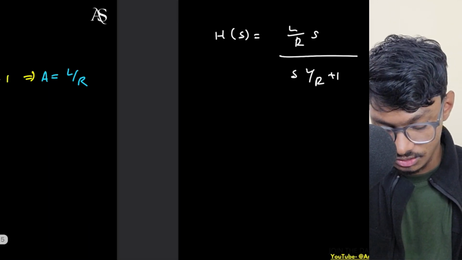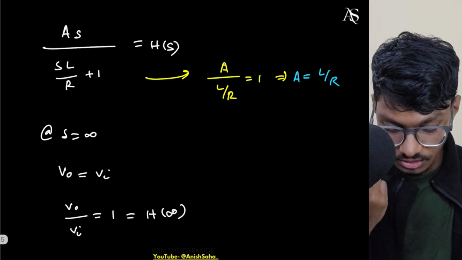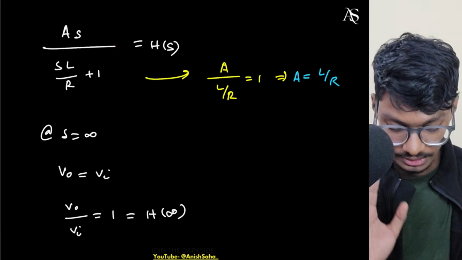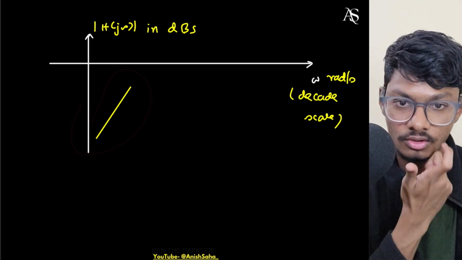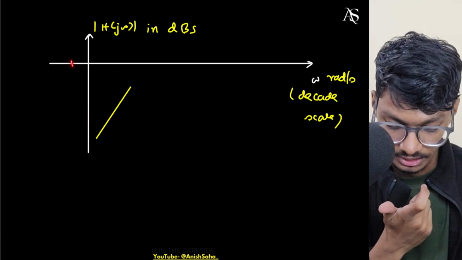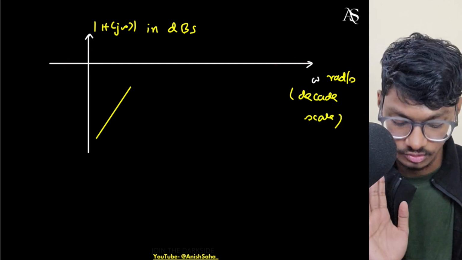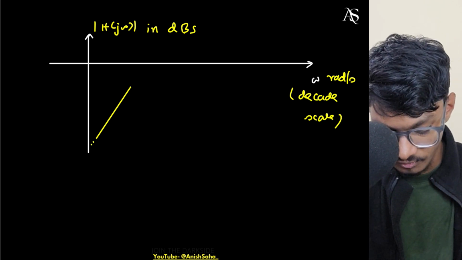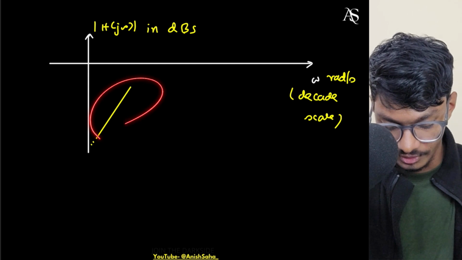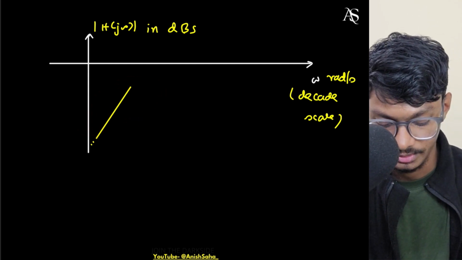If I put s equal to 0 over here, we get gain 0. Log of 0 is minus infinity, right? That is why we don't plot omega equals 0. We will just assume that it is coming from minus infinity to some value, and the slope is plus 20 per decade.